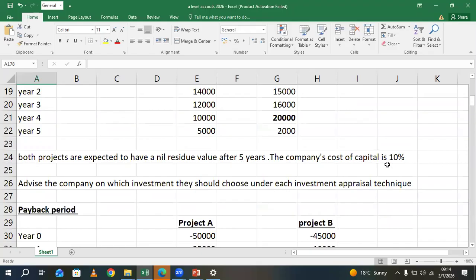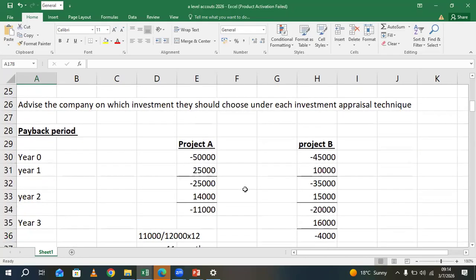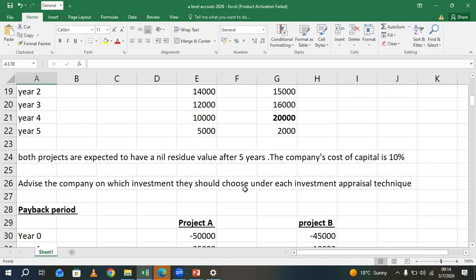The company's cost of capital is 10%. Advise the company on which investment they should choose under each investment appraisal technique. So we have used the payback period, the ARR, and NPV. Now we're moving to the IRR.